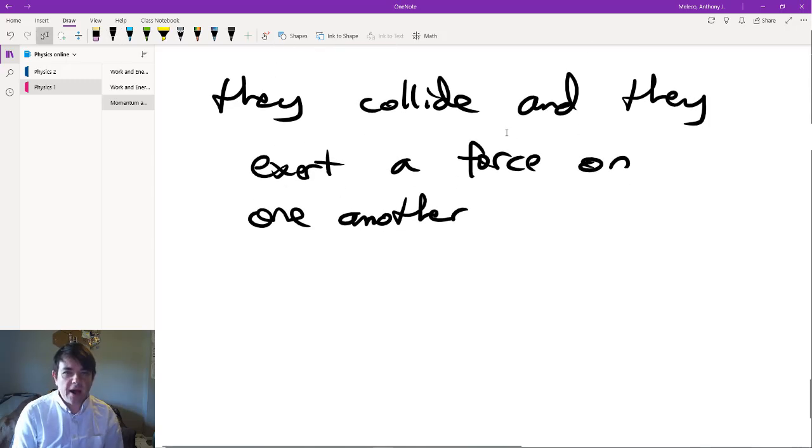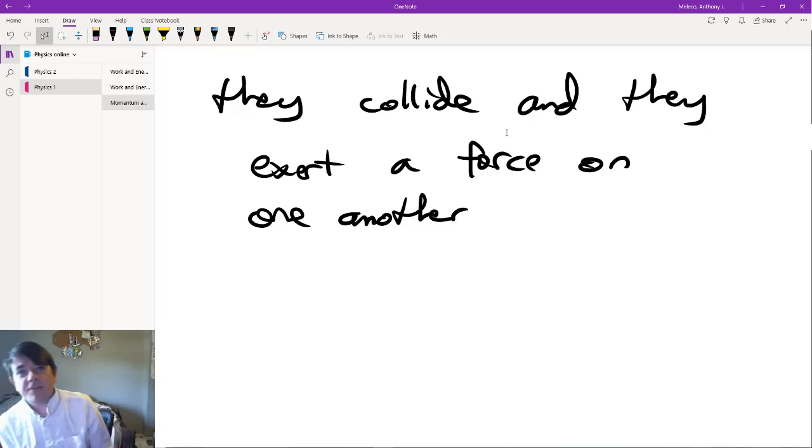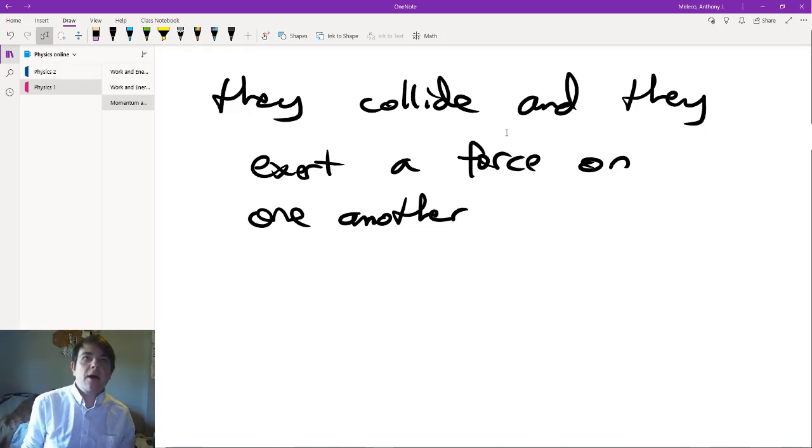If you remember back to forces, we talked about three laws. Newton's second law we already talked about. The first law was just about objects keep doing what they were doing before if you're not exerting a force on them. And then the third law is the one we're going to talk about.